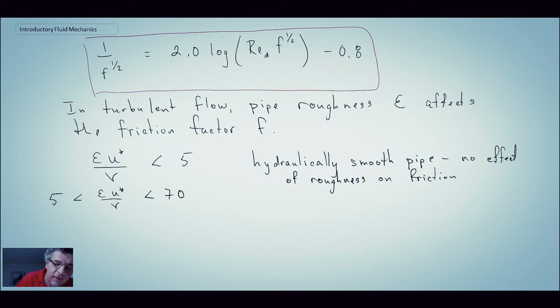If the number ranges between 5 and 70, the number being our length scale times the friction velocity divided by the kinematic viscosity, this is transitional. And it results in moderate Reynolds number effects.